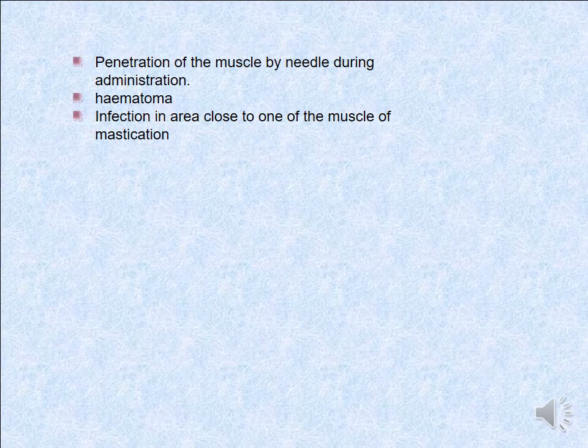The etiological factors for trismus: first, penetration of muscles by the needle during administration; second, hematoma formation in the space of the muscles; third, infection in an area close to one of the muscles of mastication, which leads to difficulty in opening the mouth.